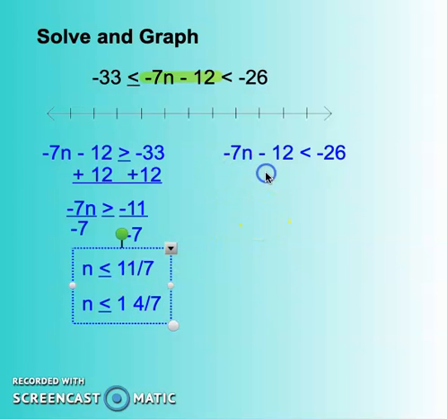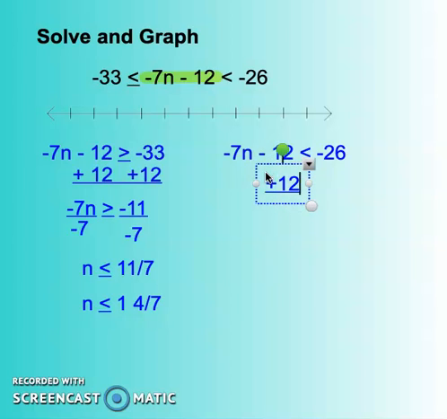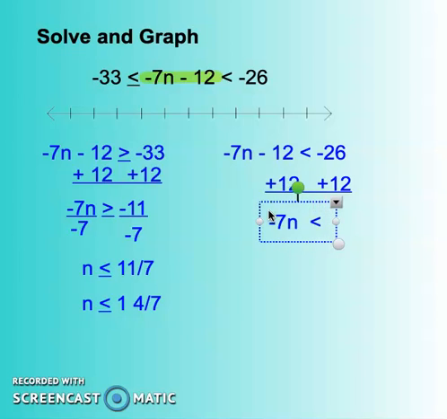Now if you go on the other side and we do the same thing with this, we're still adding 12, adding 12, and so we get -7n, which is less than, and again we need to subtract because one's negative, one's positive, so we get -14.